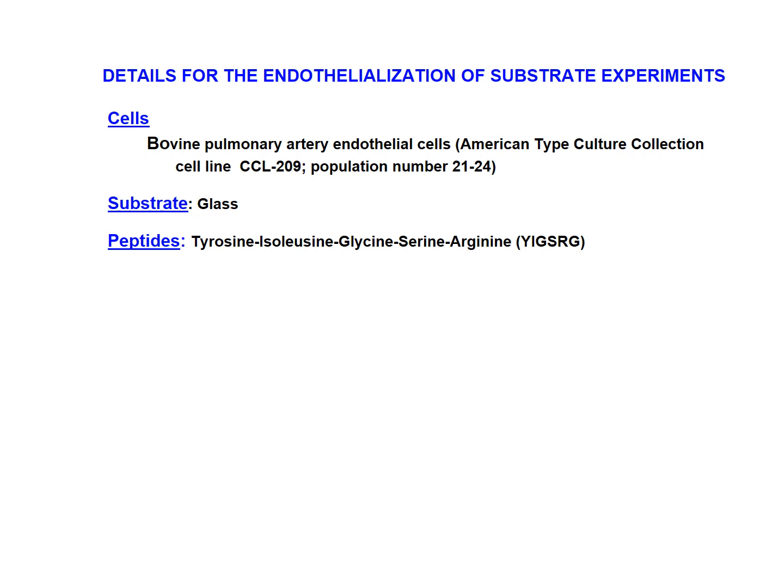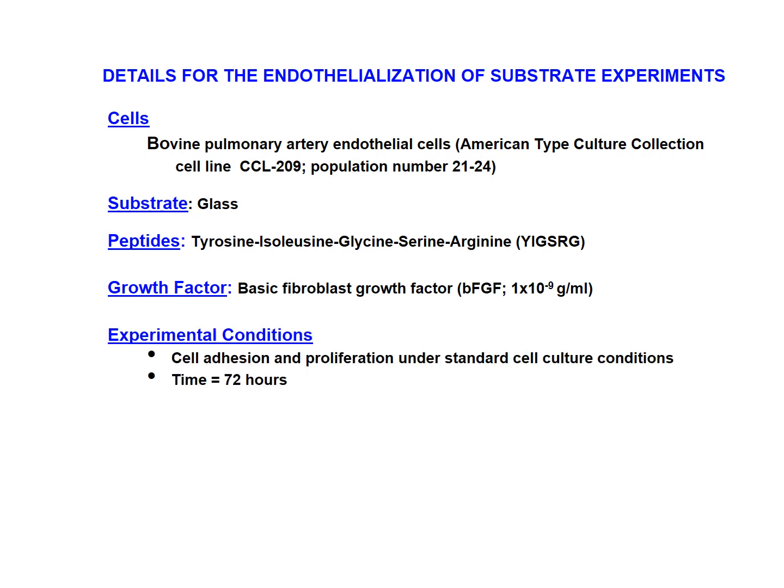And as you may recall from other lectures, cell proliferation is stimulated by growth factors. Various growth factors were investigated for this study. The results that I will show were obtained with basic fibroblast growth factor, which was optimal, at a concentration of 1 × 10⁻⁹ grams per ml.